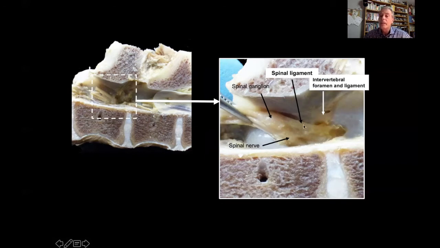And this is very important because when there is a stretching of a limb, the nerves also stretch. So they have to be attached to the intervertebral foramina in order to prevent lesions.